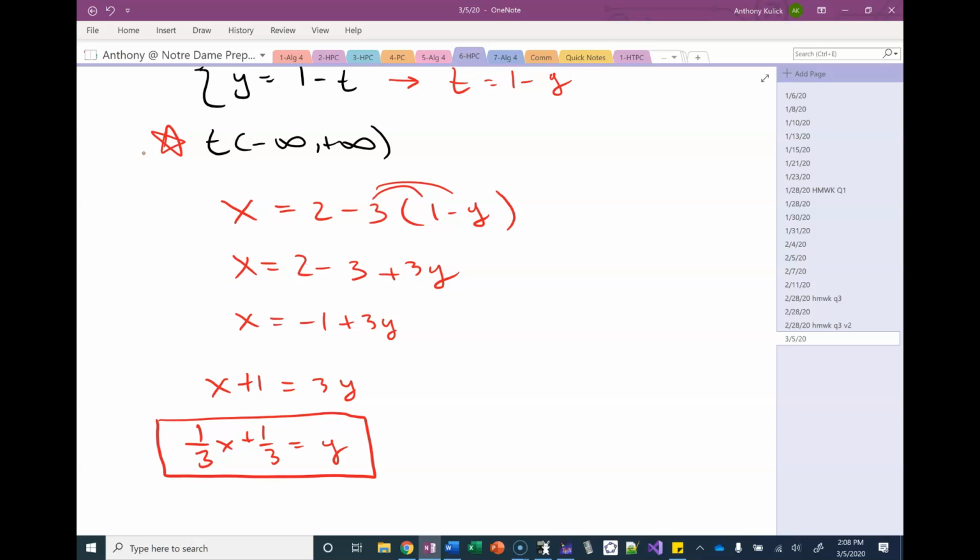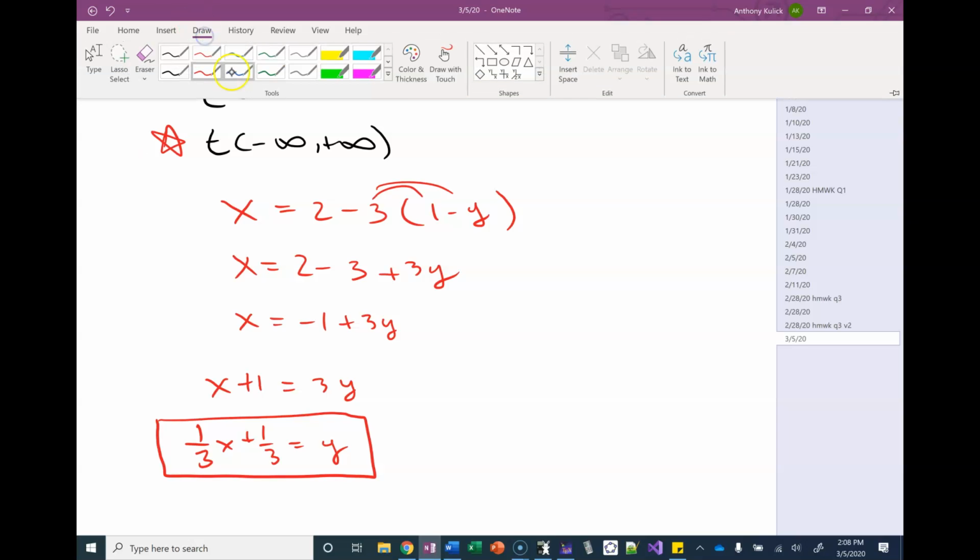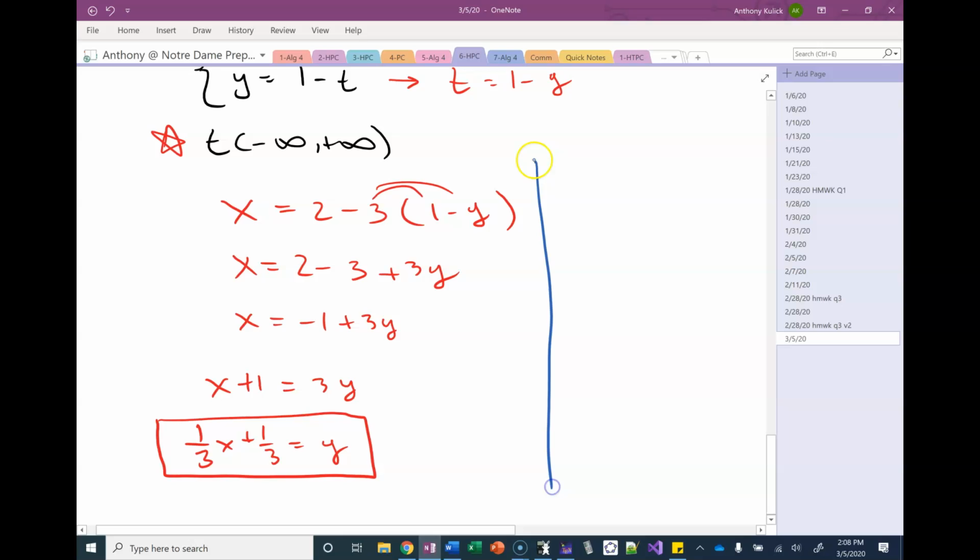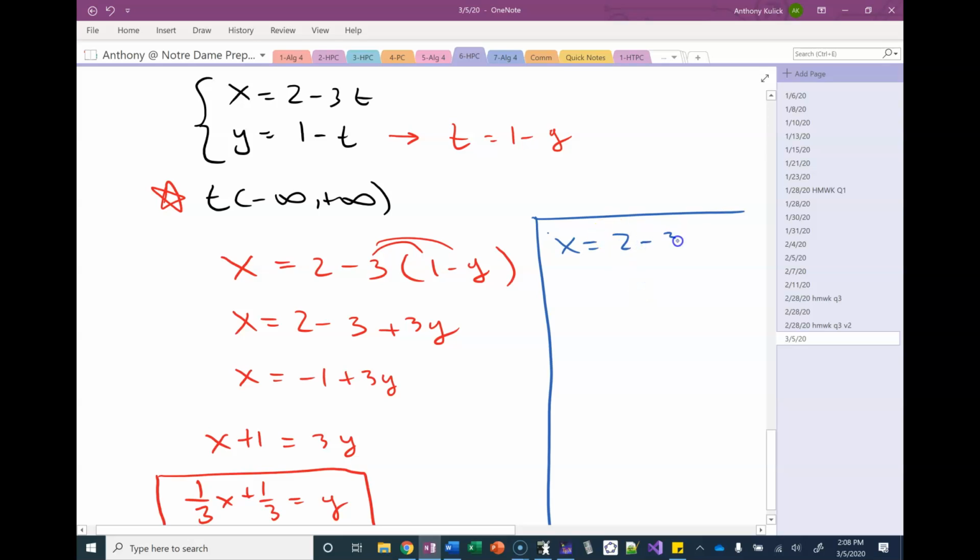So the way this is going to work is that if I think about x equals 2 minus 3t as an equation where t is the independent variable and x is the dependent variable.